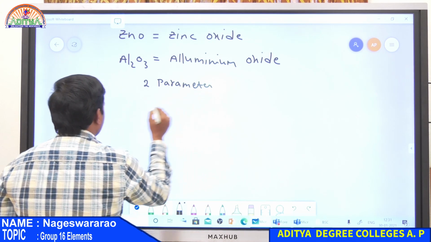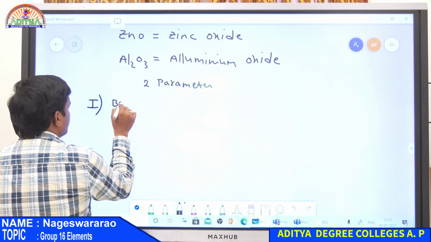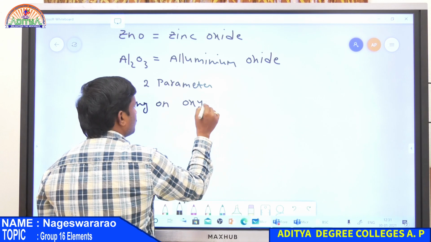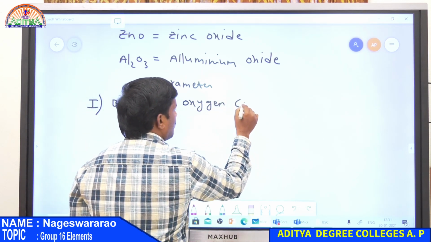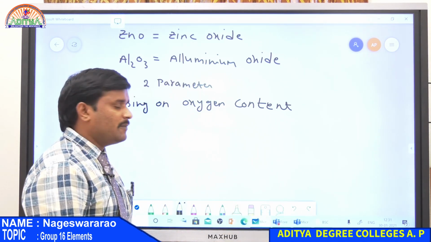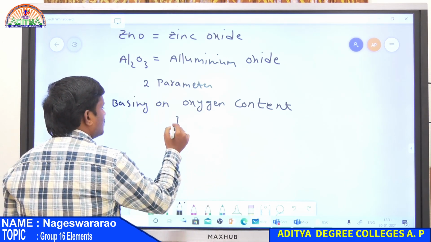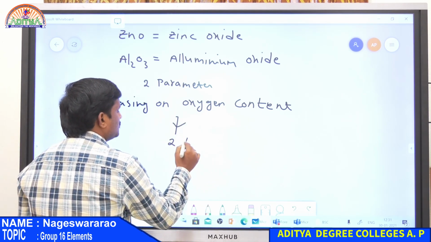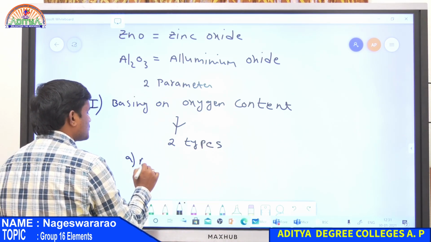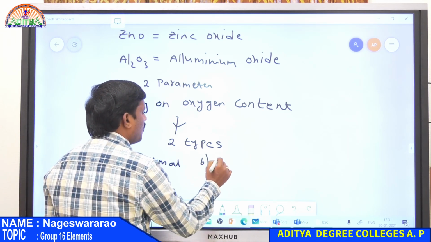The first classification is based on oxygen content, that is, how much oxygen is present in the compound. Based on this, oxides are classified into two types: normal oxides and polyoxides.